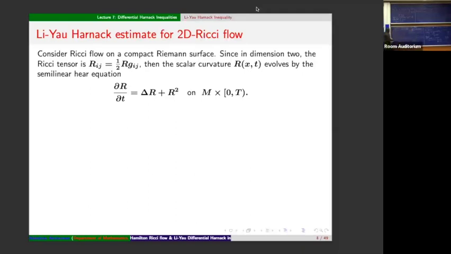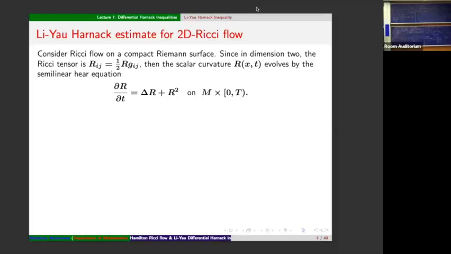So on a compact surface, the evolution of R under Ricci flow will be, instead of this, you have plus R squared. So this is a semi-linear heat equation for R. Okay, so this is an observation.